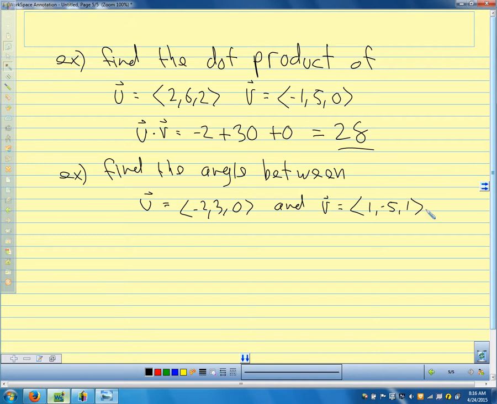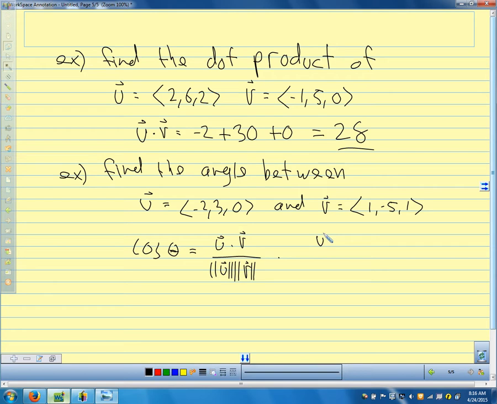Before we do this, think about how difficult this would be if we didn't have this idea of the dot product. We have these two vectors in 3 dimensions, trying to find the angle between these two things with geometry or something. It would be kind of a challenging problem. Dot product makes it really easy. All right, so we know that the cosine of our angle is u dot v over the magnitude of u times the magnitude of v. So we have to calculate the dot product and we have to calculate our magnitudes.